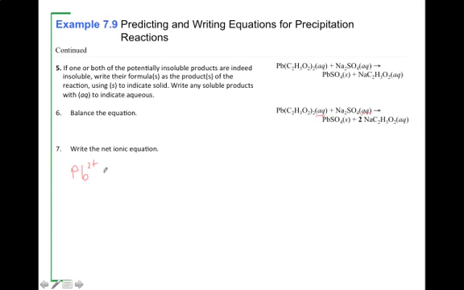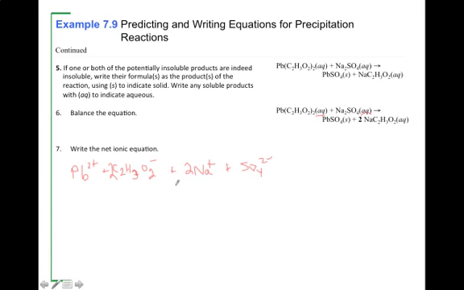Okay, we've got acetate ion, which is C2H3O2, and that's minus 1, but we've got 2 of those that come with the lead acetate. We've got sodium, 2 sodium plus 1s that come with the sodium sulfate. And we've got 1 sulfate, my bad, sulfate.